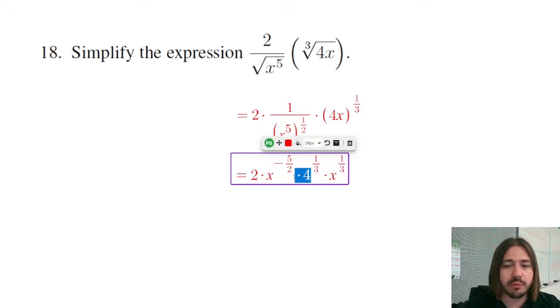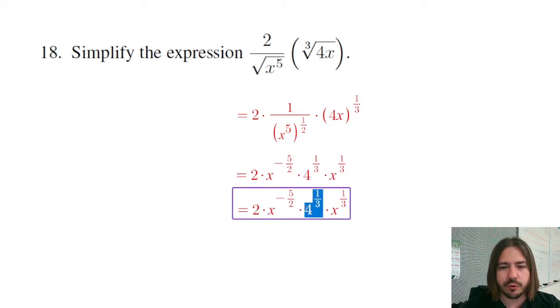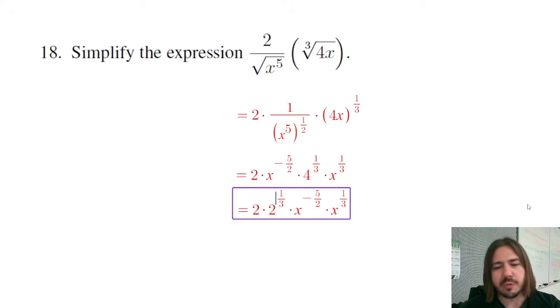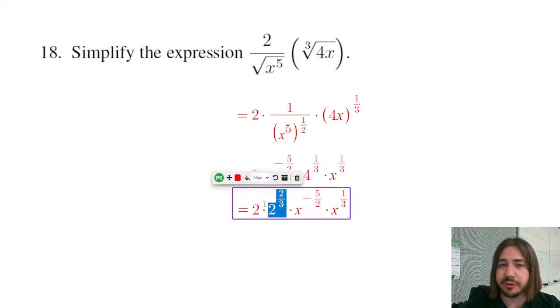However, we can rewrite 4 as 2 squared. So I'm just going to rearrange these terms a little bit, regroup them, so you can see the powers of x and the powers of 2 all next to each other. This 4, I'm actually going to rewrite as 2 squared. And when you raise a power to a power, you multiply those powers. So if I really have 2 squared to the 1/3, 2 times 1/3 is 2/3. So this 4 to the 1/3 is the same as 2 to the 2/3.